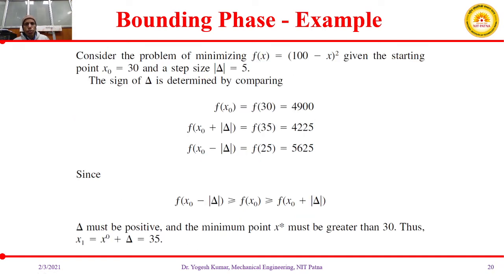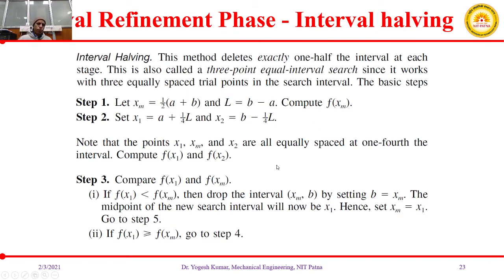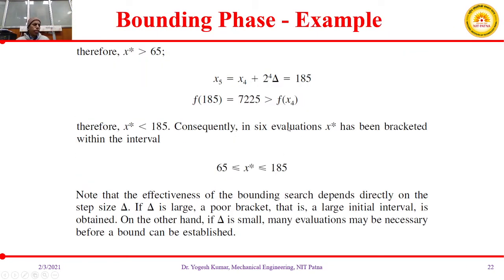And we took one example, f(x) equal to 100 minus x square minus x whole square. So we bounded this region, or we bracketed this function, so that the optimum value will lie between 65 to 185.